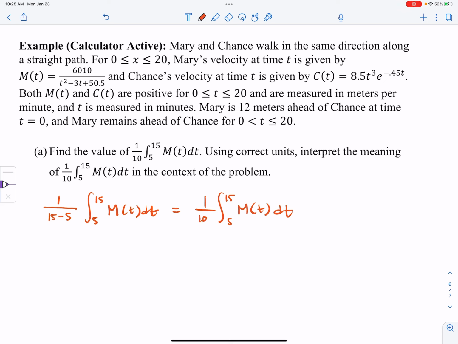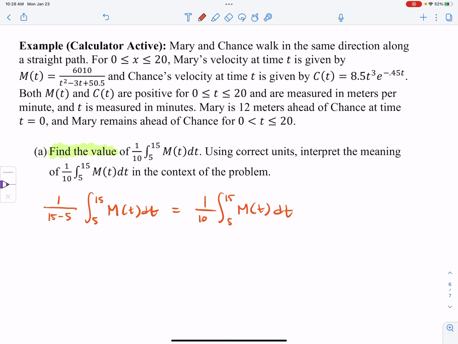So it would be Mary's average velocity on the interval from 5 to 15 minutes. So we need to actually find that value, right? Pay attention to what the question is asking. It's not just asking us to interpret, it's asking us to find the value.